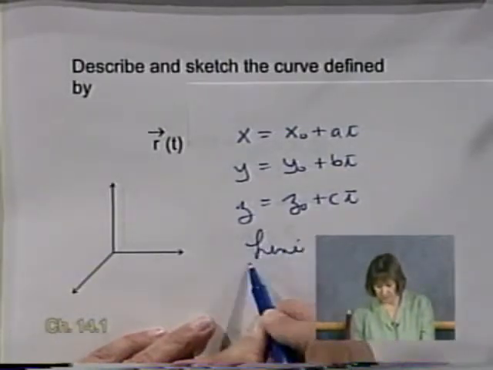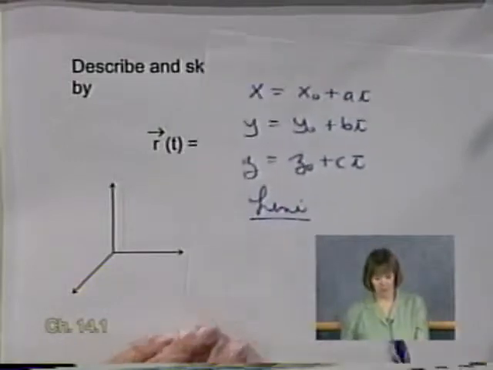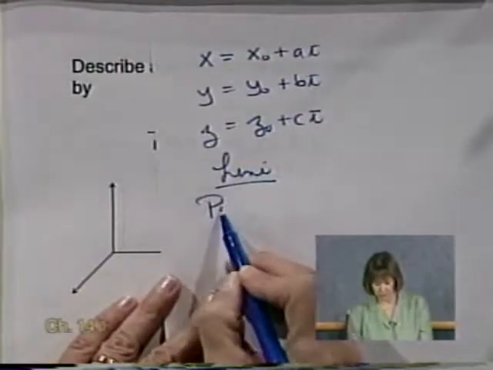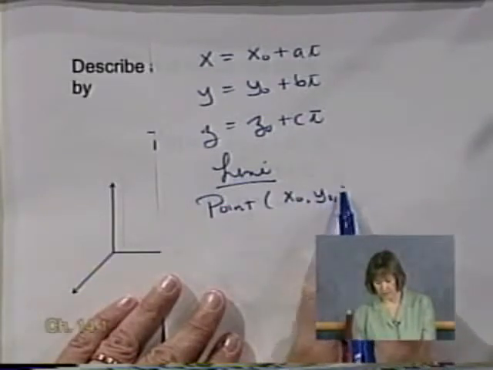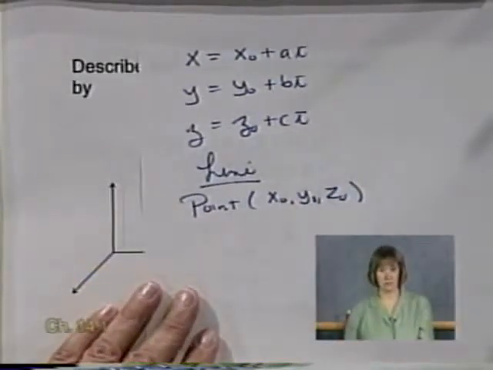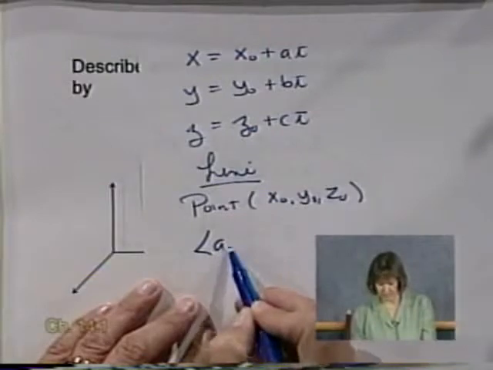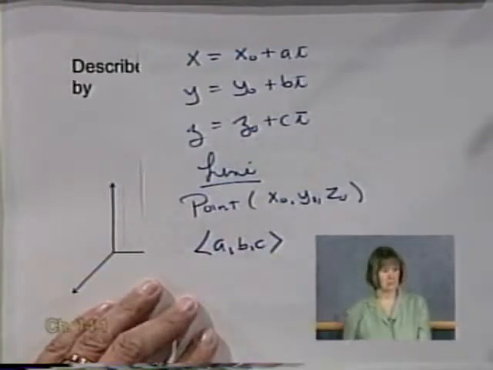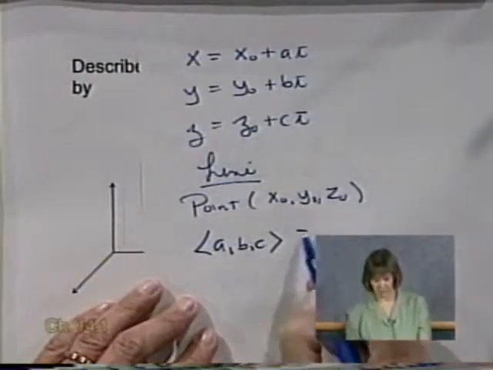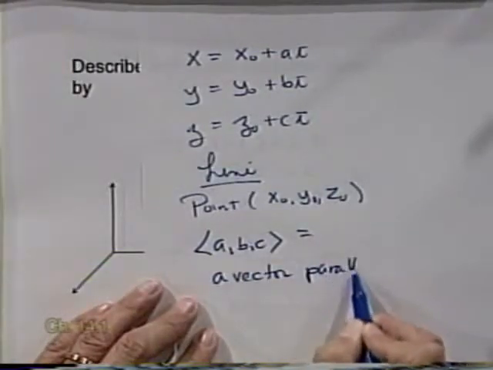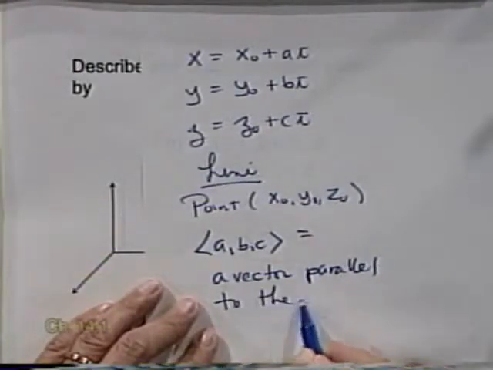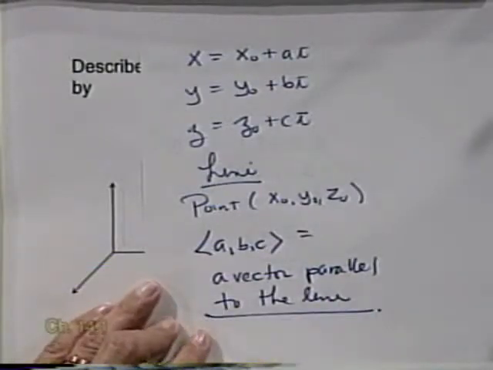It was the parametric equations of a line that went through, what point did it go through? The point that it went through was x naught, y naught, z naught. That was the point that it went through. And what was this a, b, c? It was a vector parallel to the line. We don't forget what we already learned, okay?